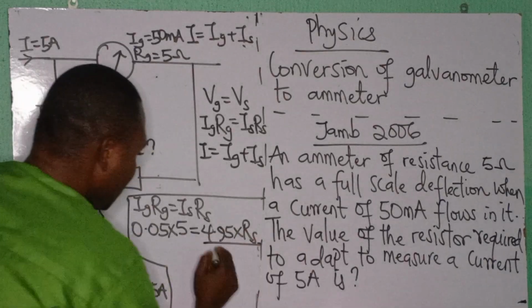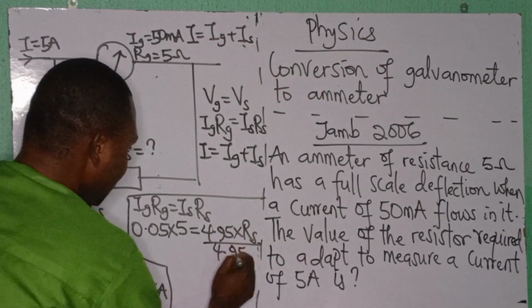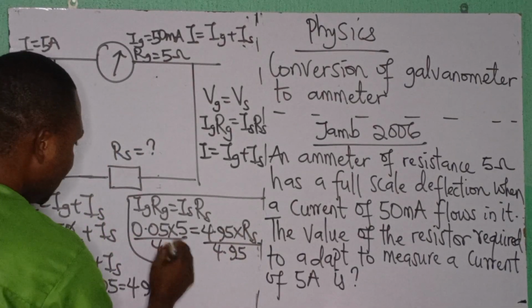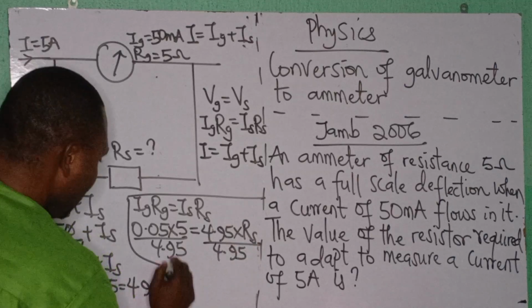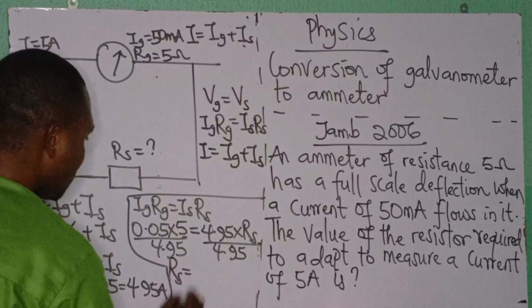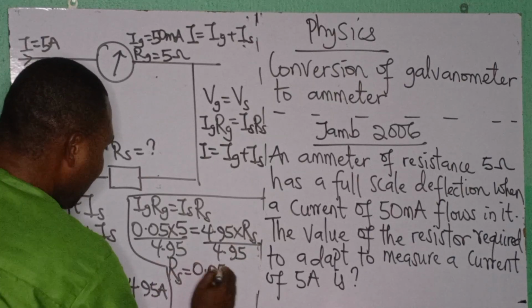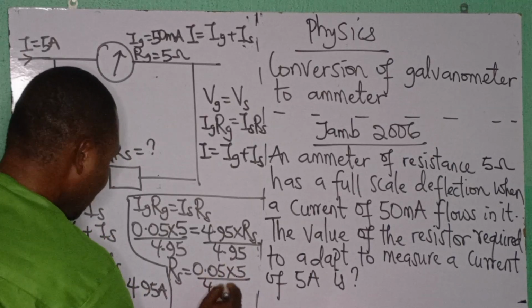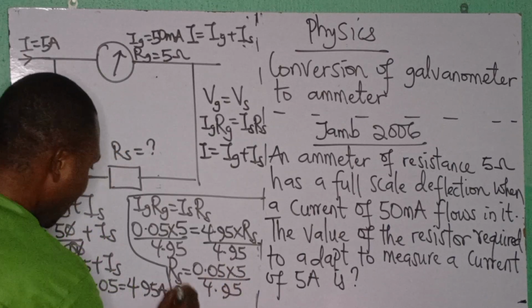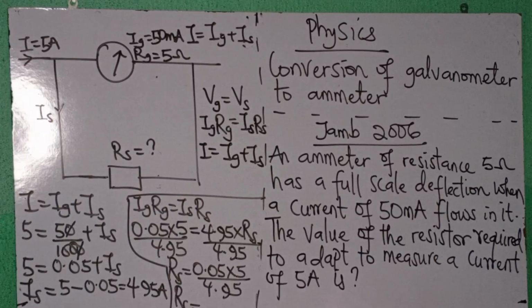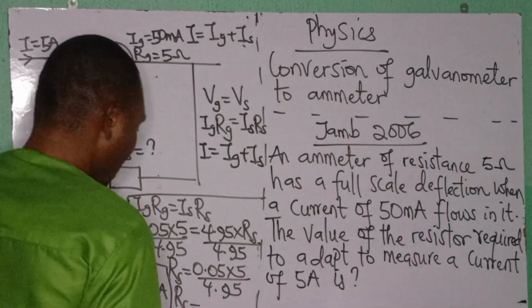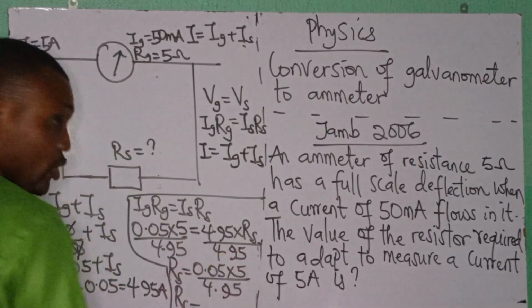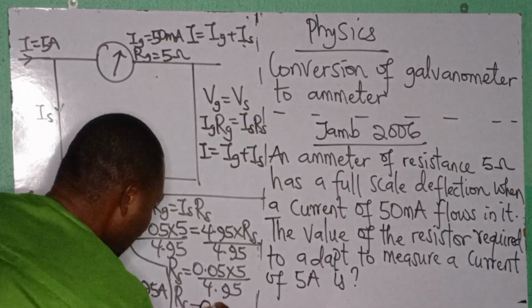Now divide both sides by 4.95. Therefore, my RS equals 0.05 times 5 over 4.95. So the value of the shunt resistance is approximately 0.05 ohm.